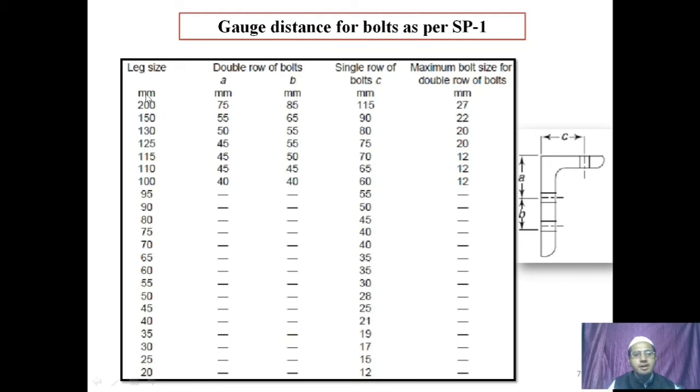Likewise for different leg lengths we can take the gauge or edge distance for the bolts on the connecting member. Also you can observe in this table, for leg lengths less than 100 mm, that is 95, 90, we have to go for only a single row of bolts as per the specifications given.